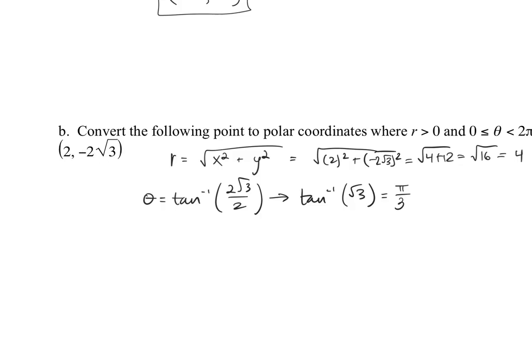So we now need to use this angle pi over 3 as a reference angle to get an angle in quadrant 4. So in quadrant 4, we hit 5 pi over 3. So the r value is 4, and the angle is 5 pi over 3.